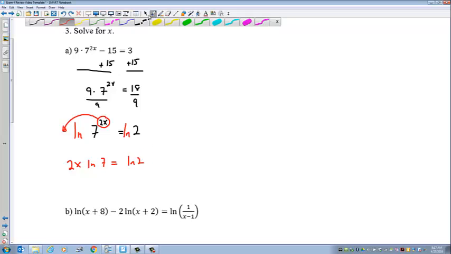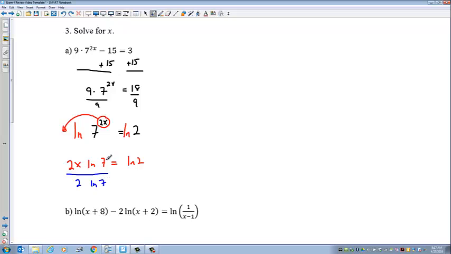And then we can divide out by the 2 and ln of 7. So here, if you divide out by 2, 2's cancel. And if you divide out by ln of 7, the ln of 7's will cancel. And you need to do that to both sides to make sure the equation remains balanced. And then we get our answer, x equal to, on the left, because all this stuff cancels, and you get ln of 2 divided by 2 ln of 7.